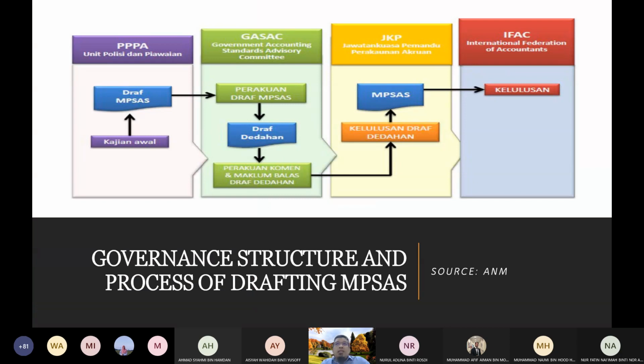What happened to government-linked companies? What will be their guidance to prepare the accounts? Class? For government entities, generally they follow MPSAS, but for government business entities or government-linked companies, which accounting standard should they follow?